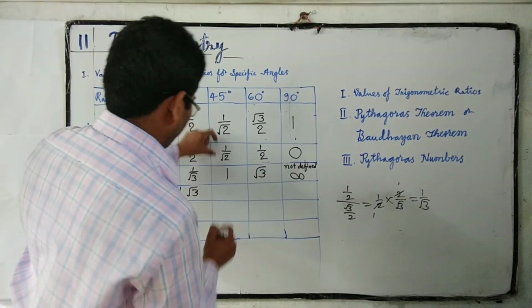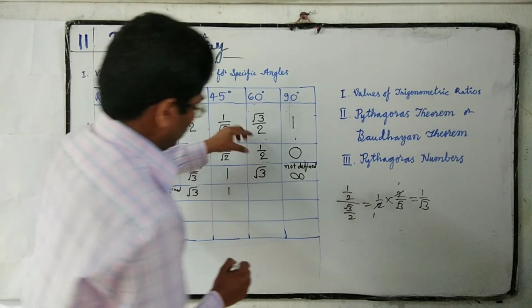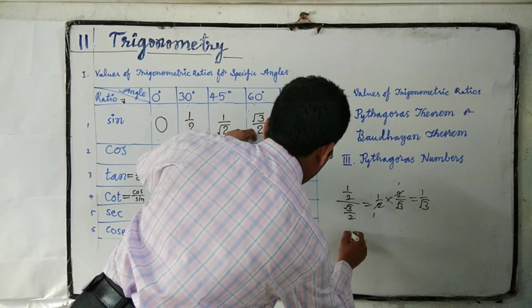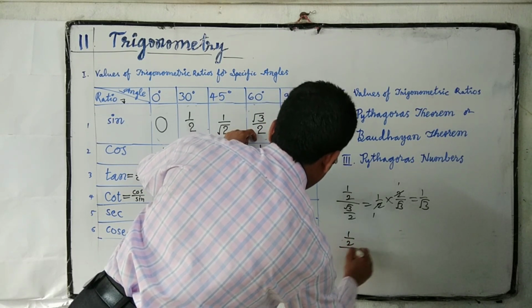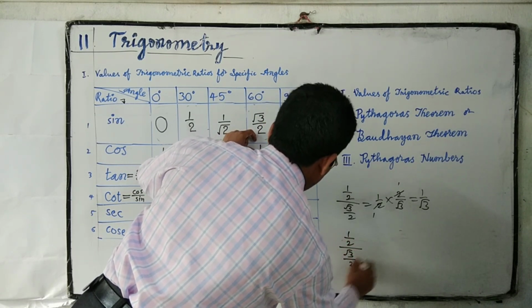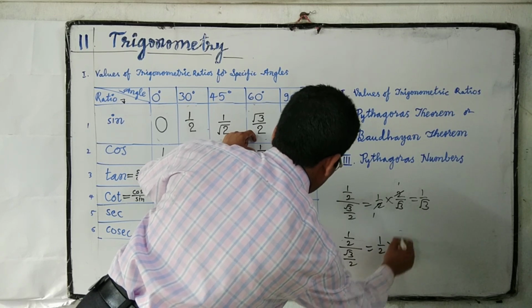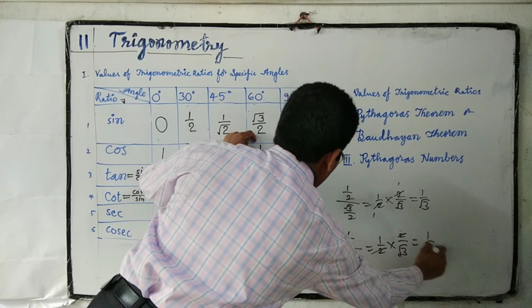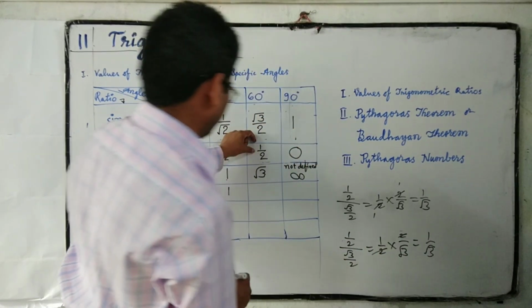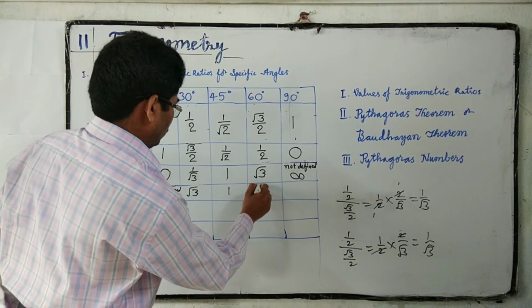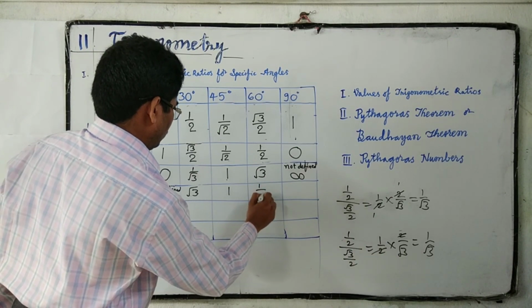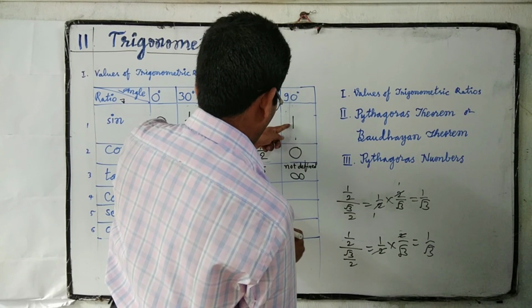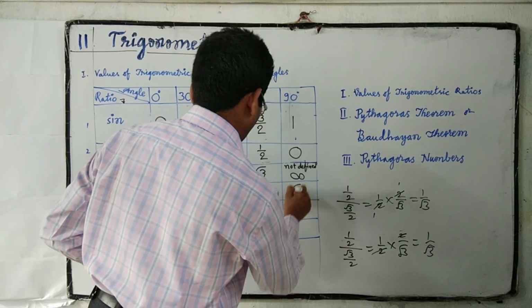Same quantities, we get 1. Then 1 by 2 by root 3 by 2 is equal to 1 by 2 into 2 by root 3, the 2s cancel, 1 by root 3. And 0 by 1, 0.